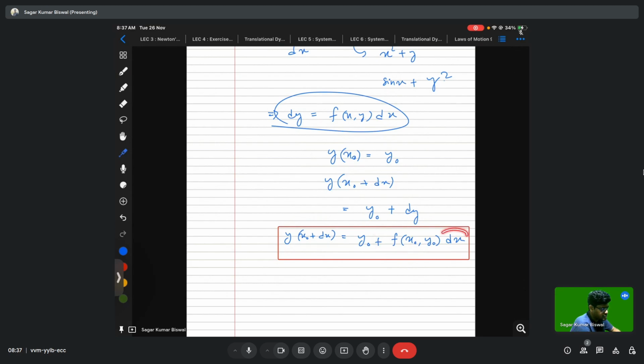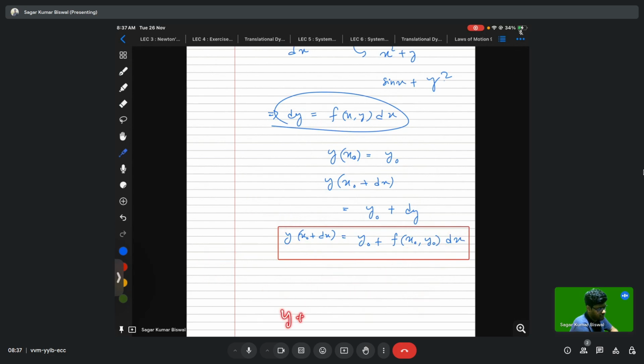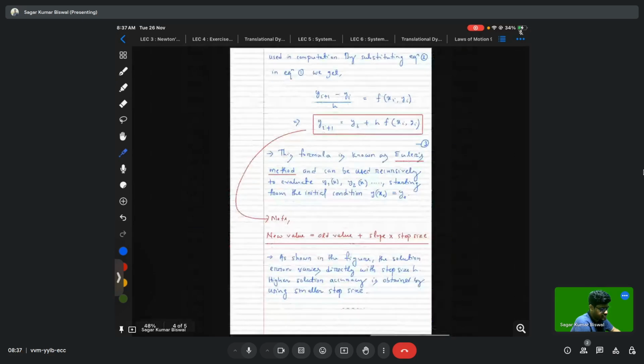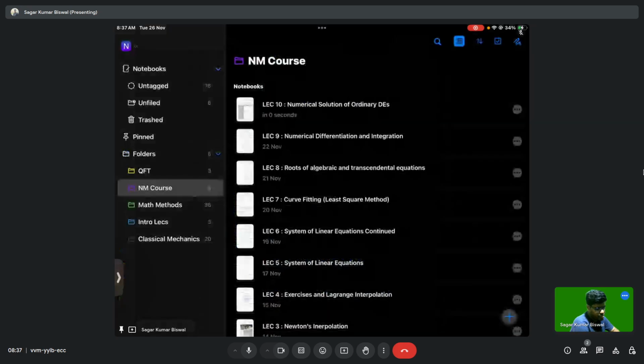Where this dx is the step size h, this is the slope, this is the initial point or the old value, and this is the new point, y i plus 1, and this is y i. So that is how the Euler method works. Okay, so that is all about the Euler method.